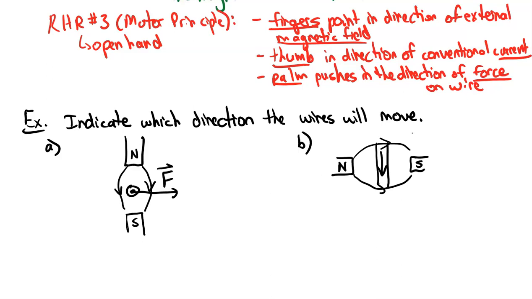So our fingers are pointing from left to right. Our thumb is pointing down, and our palm is facing out. So the force is going to be out of the page in this particular case. So that's using the right-hand rule on the motor principle.